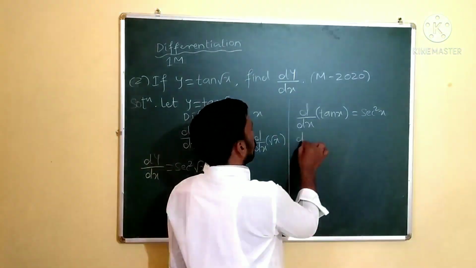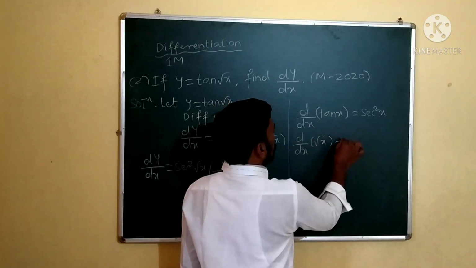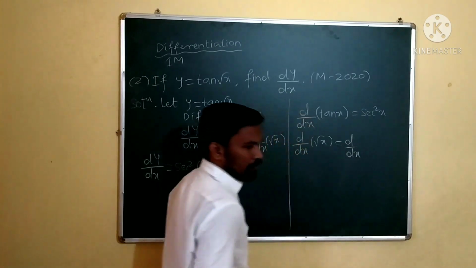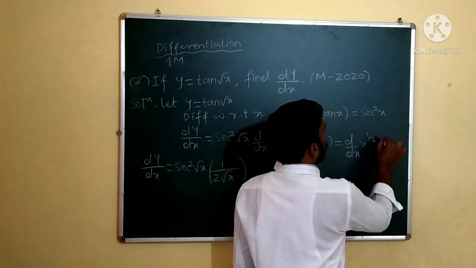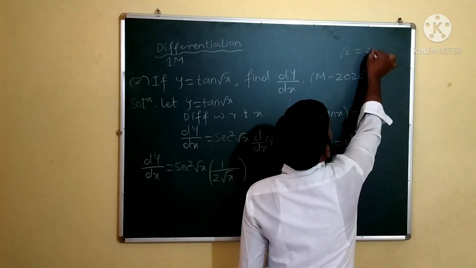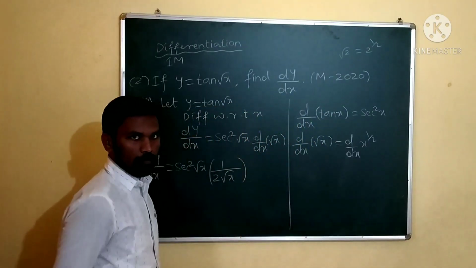d by dx of root x can be written as x to the power of 1 by 2, like square root of 2 is nothing but 2 to the power of 1 by 2. Similarly, root x can be written as x to the power of 1 by 2.